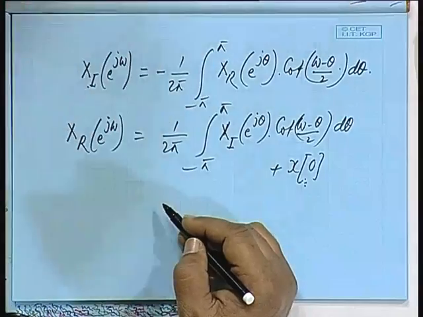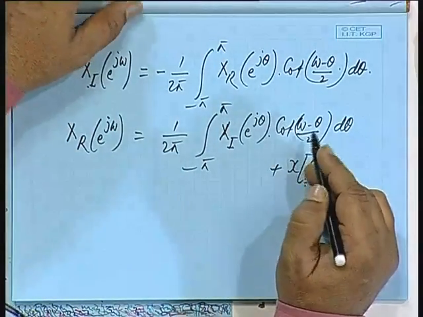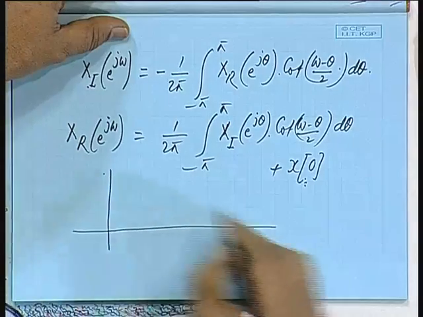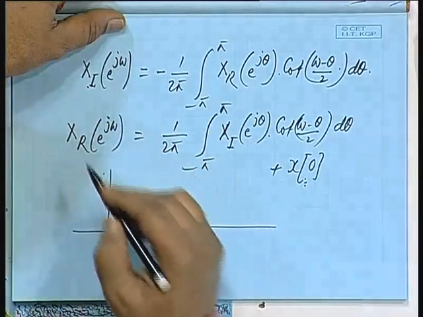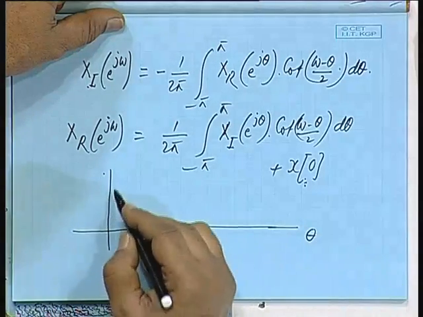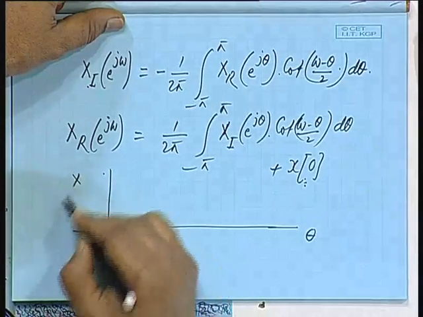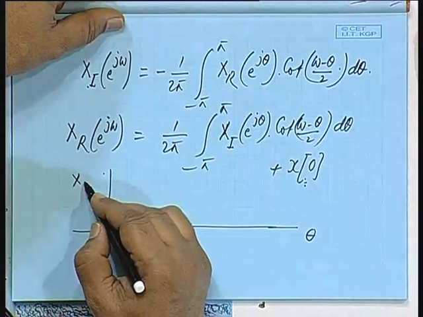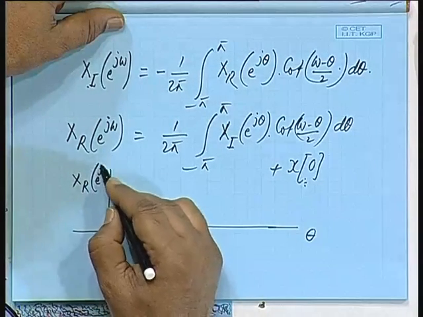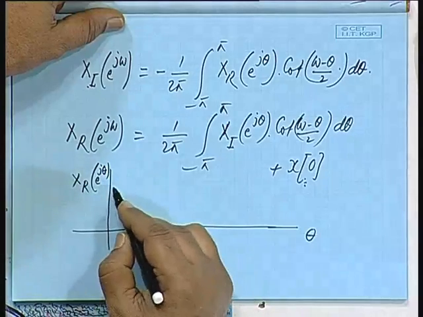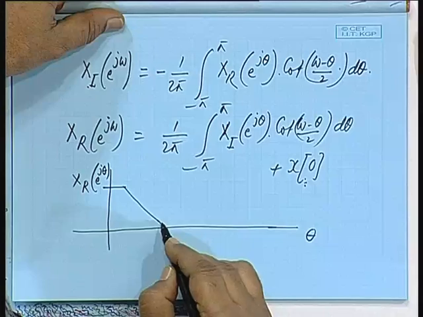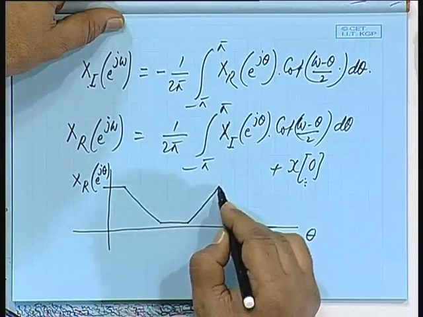So, we discussed this cotangent function. Suppose you want to compute it for different values of ω. So, you take θ, suppose X_R(e^{jθ}) is like this, maybe like this.